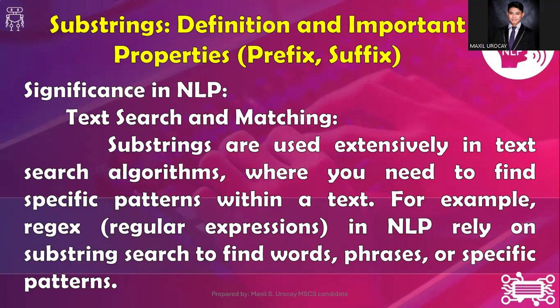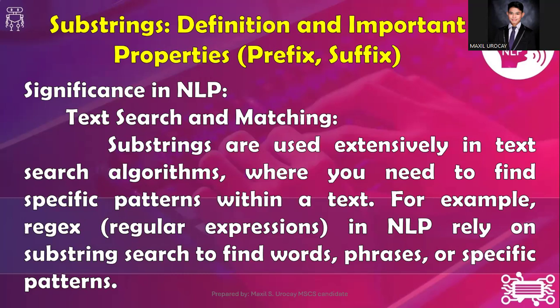Okay, so substrings are crucial for text search and matching tasks. They are used in text search algorithms such as regular expressions to find specific words or phrases and patterns within the larger text. So this will allow models and tools to identify relevant portions of text efficiently, enabling tasks like keyword extraction, pattern recognition, and information retrieval.